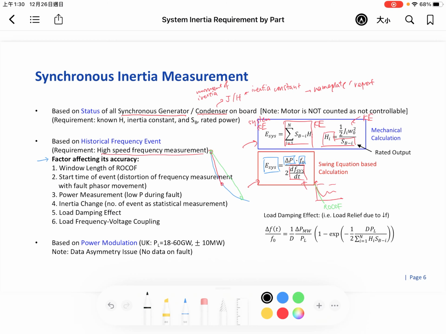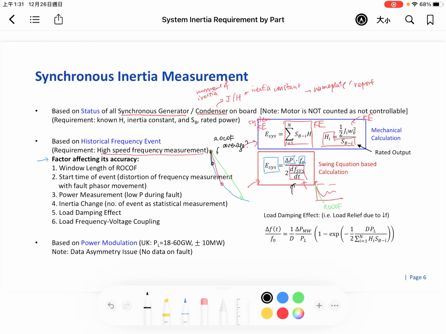Or you have got a faster value. Each line has a different RoCoF. Or should we take an average of it? We don't know. That's why the windowing of RoCoF affects its accuracy. You can see that it is over the RoCoF, and if the RoCoF is calculated in the wrong way, then it will be a big problem.